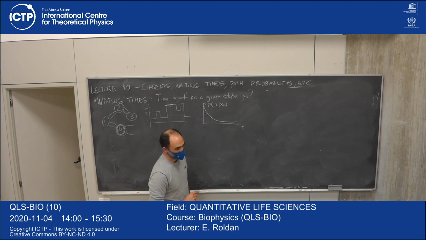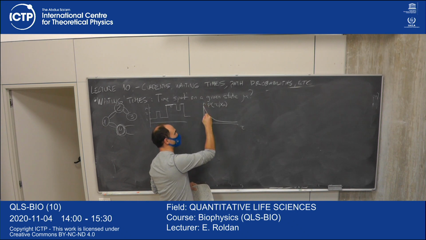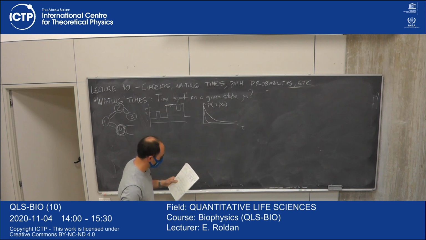How can I make this exponential fast? Well, everything will depend on the escape rate. If the escape rate is fast, this exponential will be very short. I will escape fast. If the escape rate is small, it takes me a long time to escape, and this exponential will be wider.